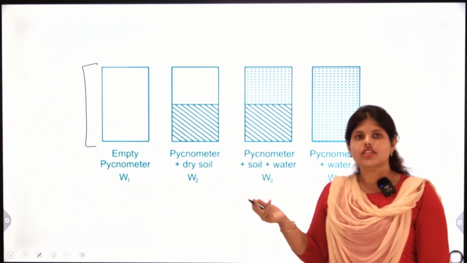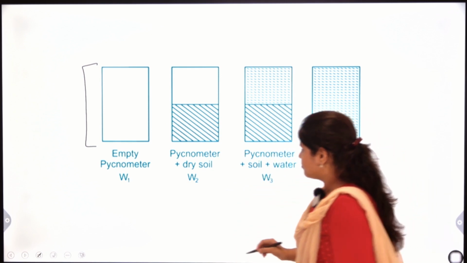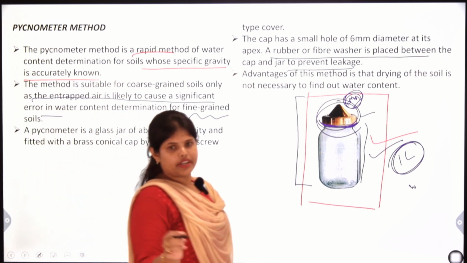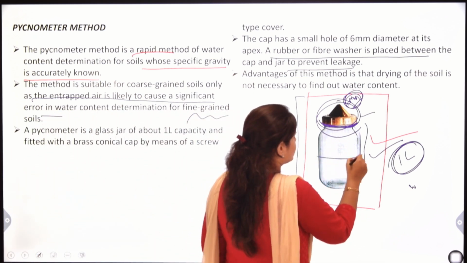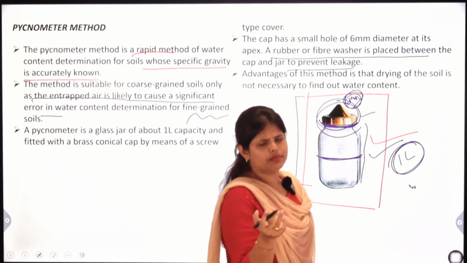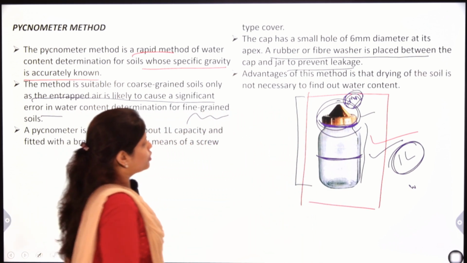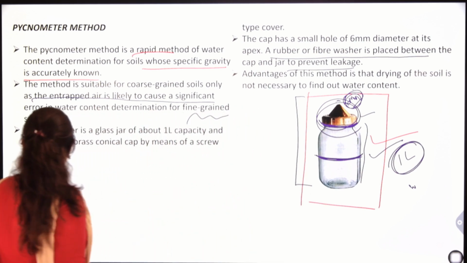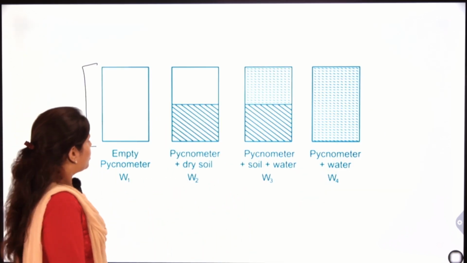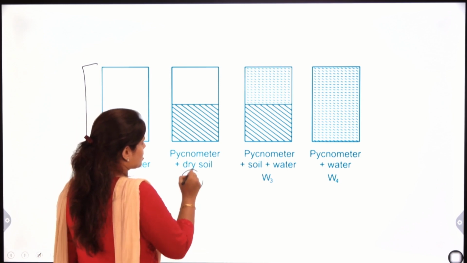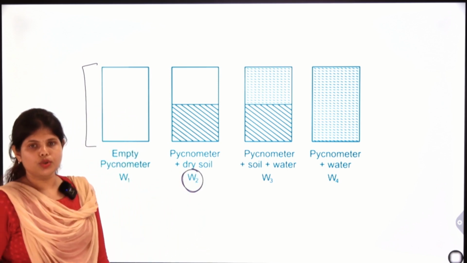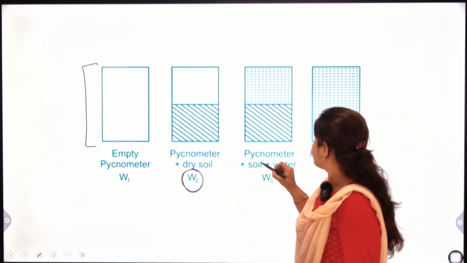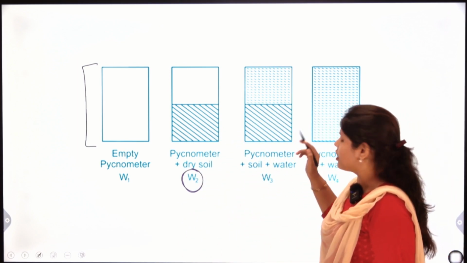Next we take some amount of soil sample, that is 200 or 300 grams, so that the pycnometer is half filled. Here, pycnometer plus dry soil is our W2. So, next, what do we do? Here, pycnometer plus soil plus water.